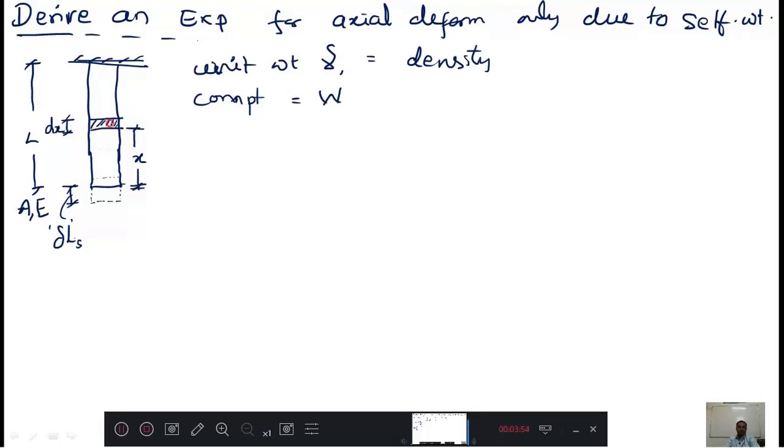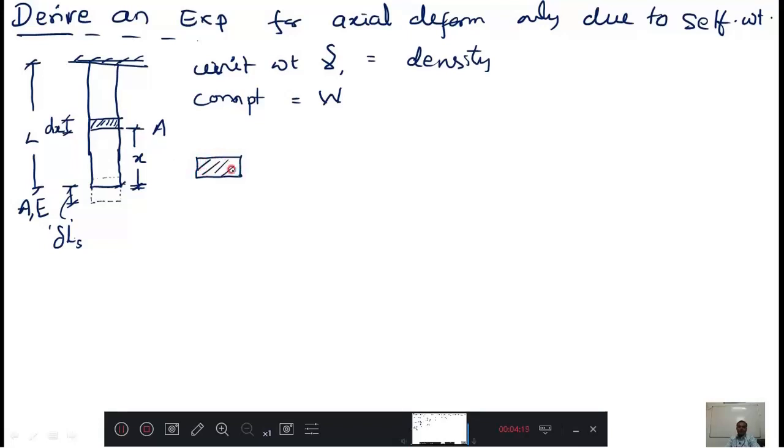What is the cross sectional area of the small strip? Because it is a prismatic bar, it is the same from here to here, so the cross sectional area of the strip is also A. Now if I draw the free body diagram for this small strip, how will it be? That small strip will be like this.